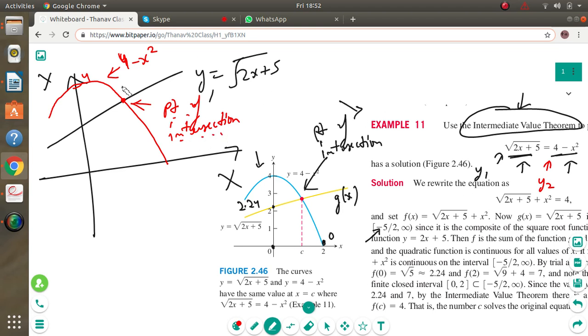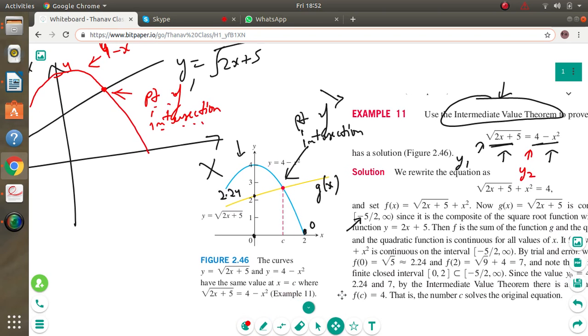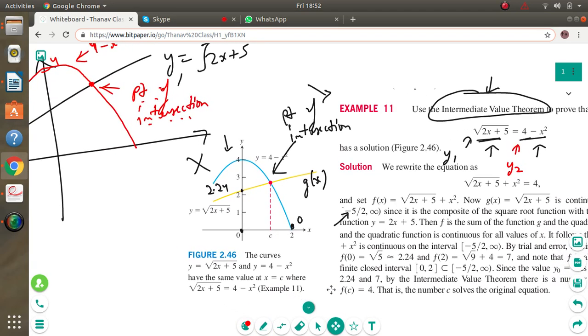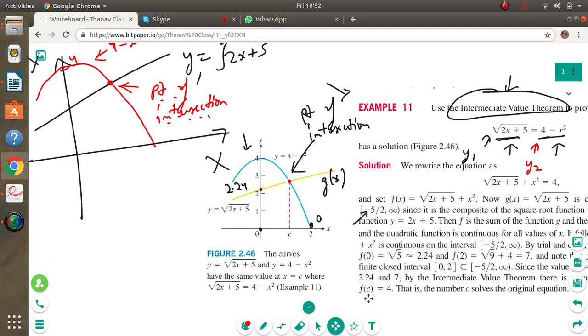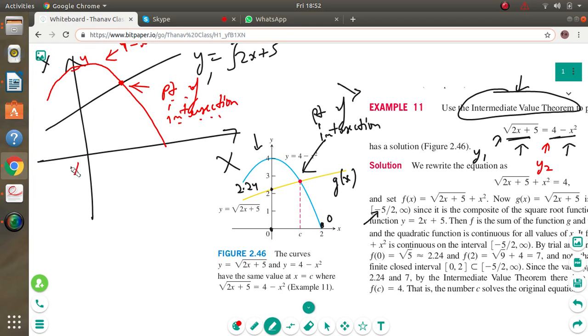Now when they intersect, we need to check whether this solution exists or not using the intermediate value theorem. So what I can do here, we take two extremes: one is x equal to 0, second is x equal to 2.